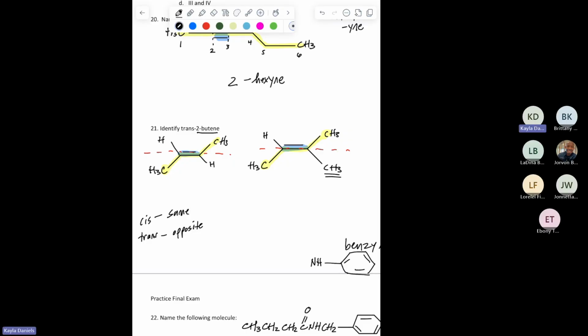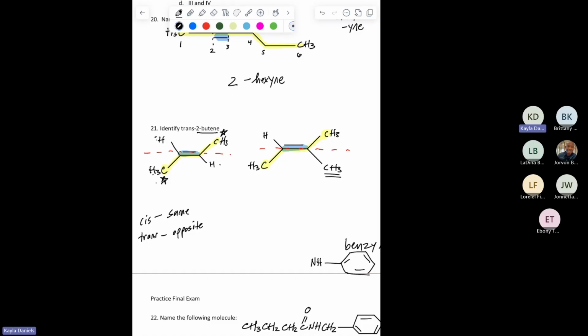So heaviest group: if we compare across the axis here, a hydrogen versus 3 hydrogens and a carbon, obviously 3 more of something plus a carbon is going to weigh more. So this is our heaviest group here. Again, we're comparing across this axis, hydrogen versus 3 hydrogens and a carbon. This is going to weigh more.